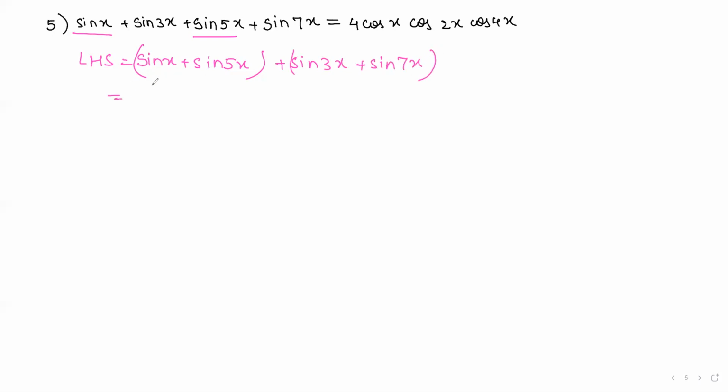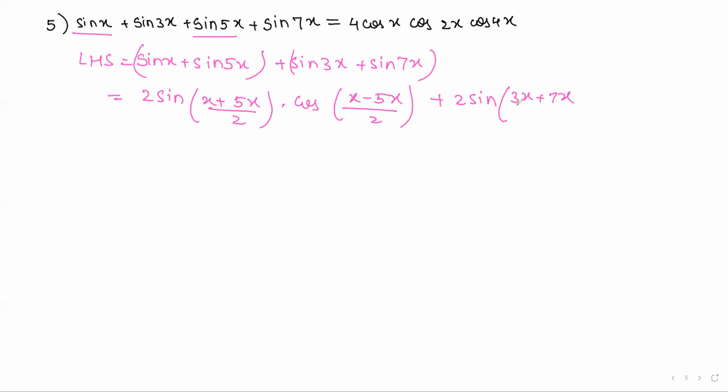Sin A plus sin B is 2 times sin A plus B divided by 2 into cos A minus B divided by 2, plus 2 times sin A plus B divided by 2 into cos A minus B divided by 2.